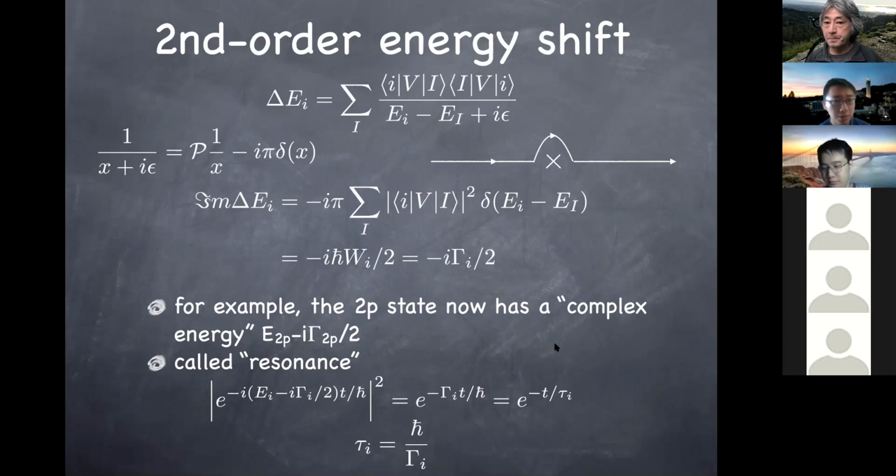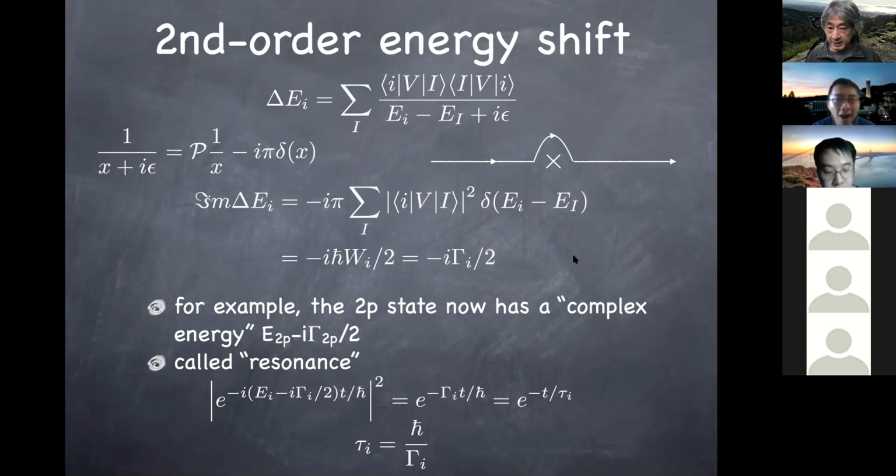Okay. So this idea is probably a bit mind-boggling, because what we get told in quantum mechanics class is that energy is an eigenvalue of the Hamiltonian, and because the Hamiltonian is a Hermitian operator, the eigenvalue has to be real.